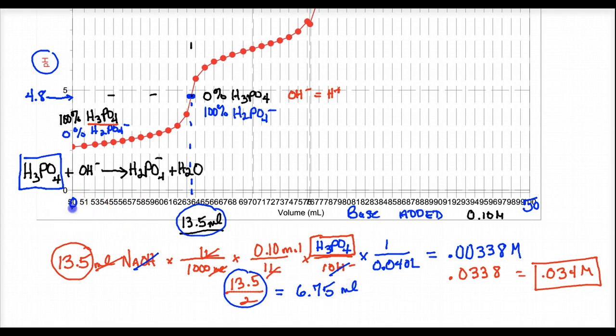So if I know what it takes to completely neutralize, to get to the halfway equivalence point, it has to be half that. So I'm looking for 6.75, somewhere around here. And that, my friends, is my max buffering position.